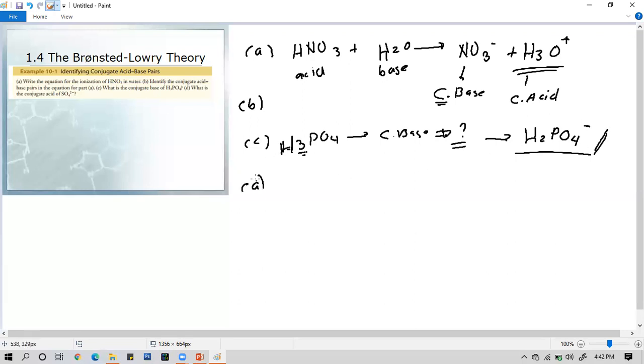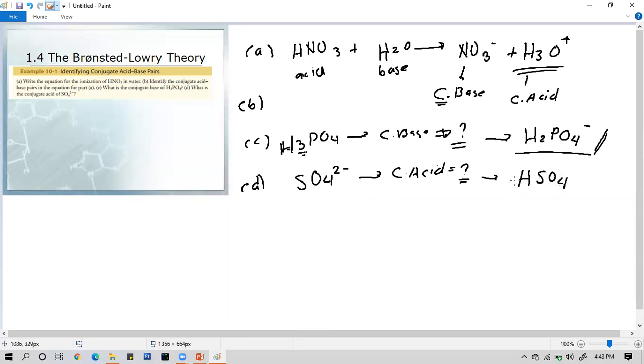Now, for letter D, ano daw yung conjugate acid ng sulfate ion natin? Okay, since conjugate acid, it only involves an addition of hydrogen ion. So, mangyayari lang dito is HSO4.